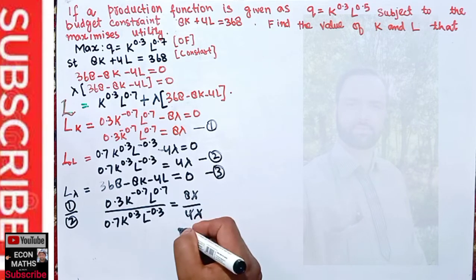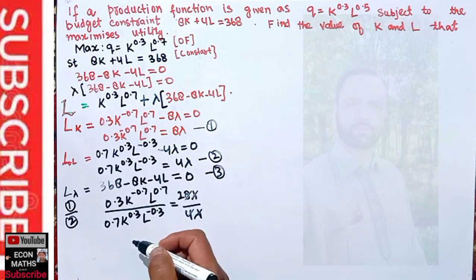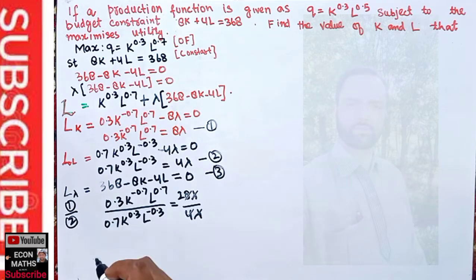Lambda gets cancelled, 4 twos are 8, so we get 2. Here we can write 0.3 as 3 divided by 10.